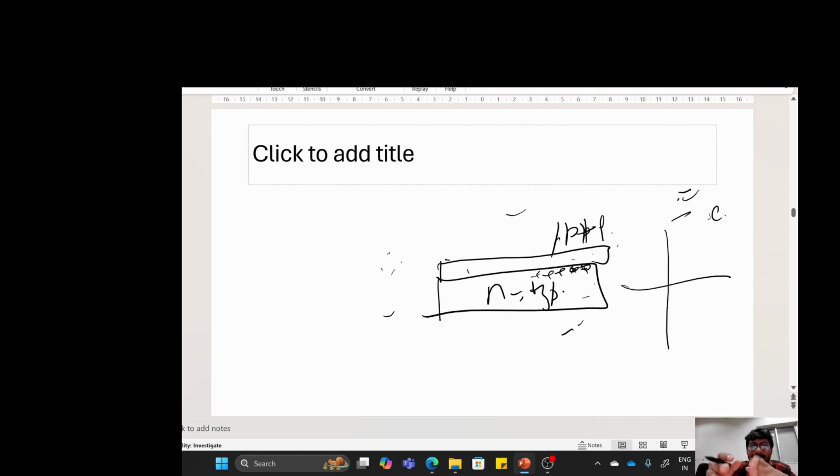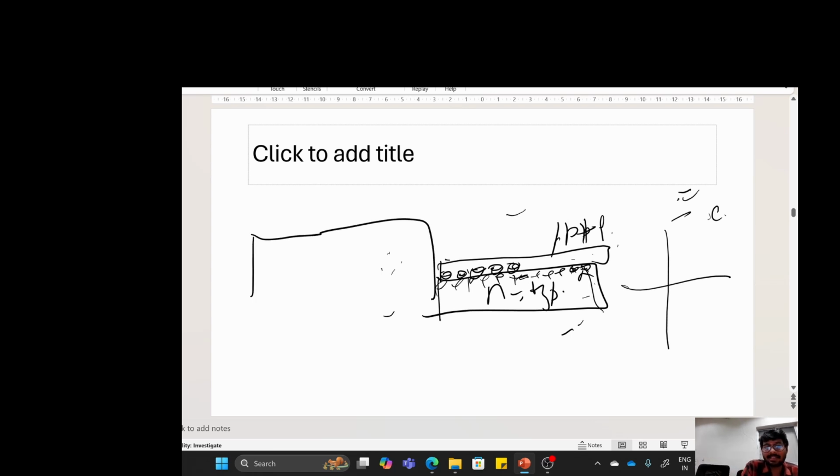When you don't apply a bias to the PN junction, there will be immobile positive ions at this junction, and negatively charged ions because of the junction. That forms the depletion region.